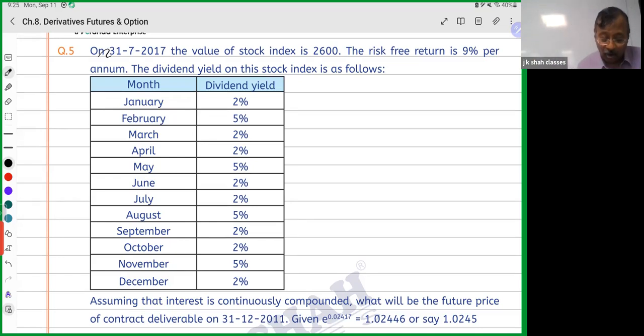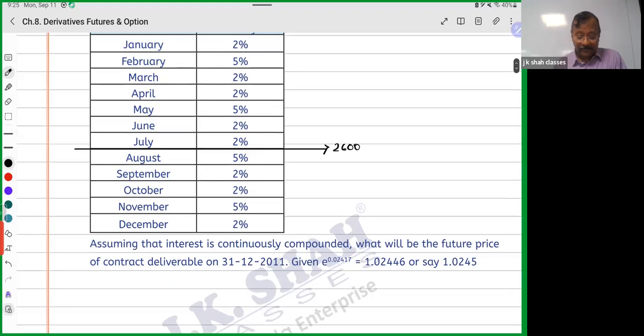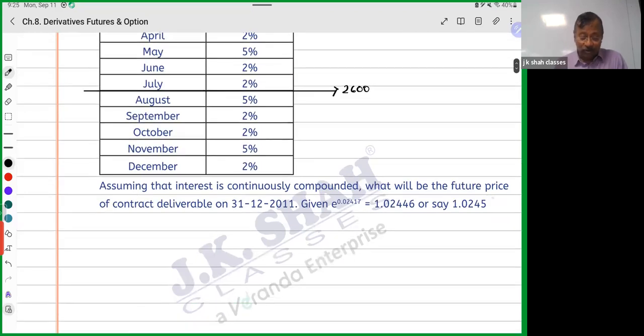Now they are saying on 31/7/2017, यहाँ, this is 2,600 index. Okay. Now they are saying, assuming that interest is continuously compounded. Now the risk-free interest is 9%, but they are saying this is CCRI. What will be the future price of contract deliverable on 31st December?